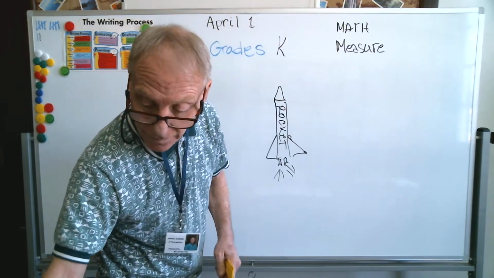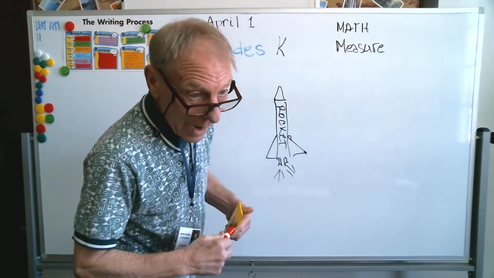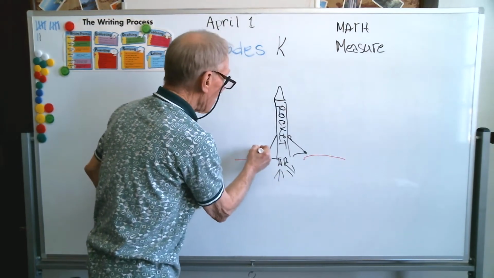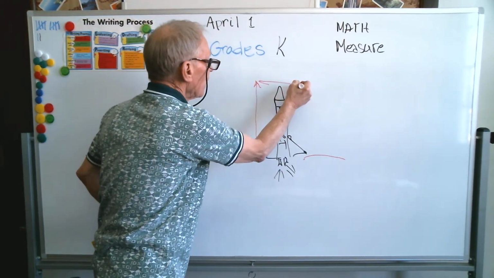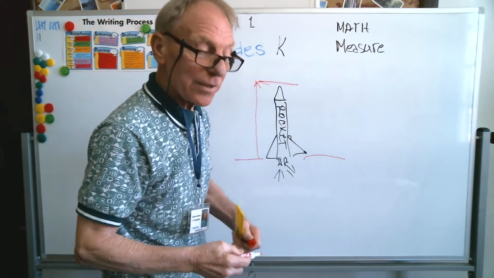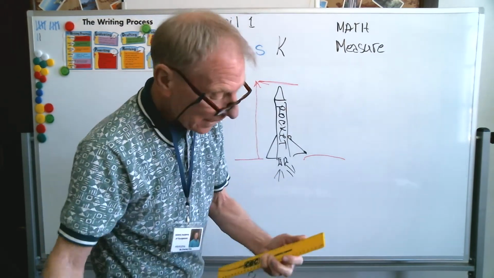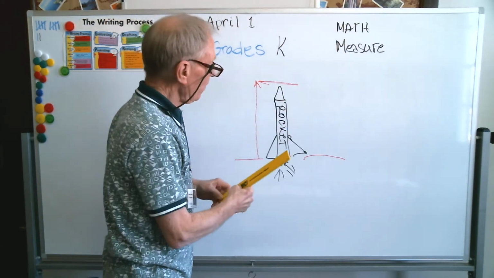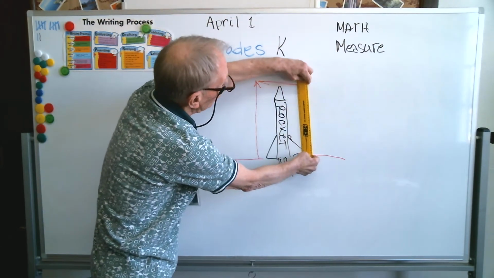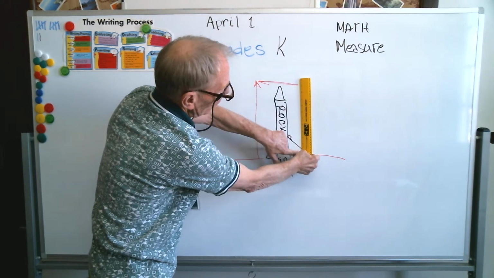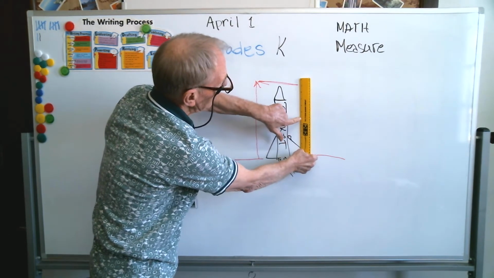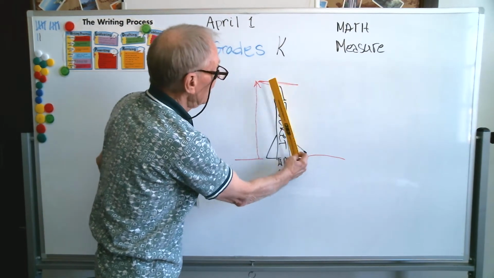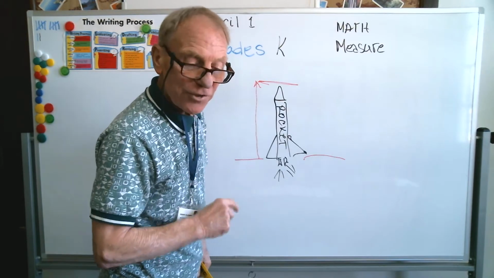Well, when you want to know how high something is, you want to know from the ground how high it is to the top of it. So I take my ruler, don't forget, start at 0, put 0 right at the ground, and then you count 1, 2, 3, 4, 5, 6, 7, 8, 9, 10, 11. My rocket is 11 inches high.